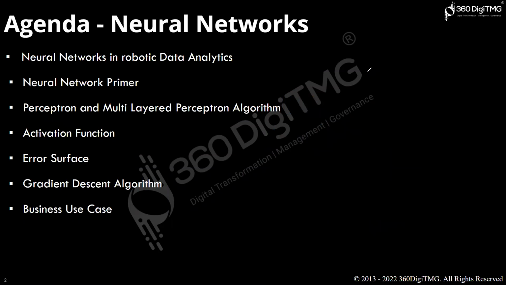So what is an activation function? What is meant by activation functions? In artificial neural networks, the activation function of a node defines the output of that node given an input or set of inputs.